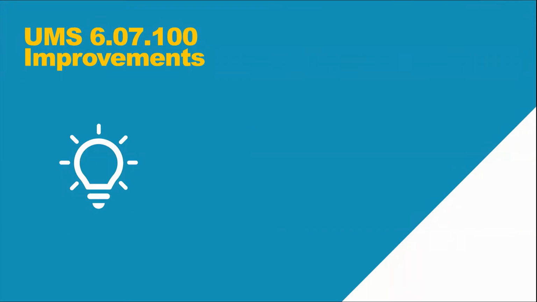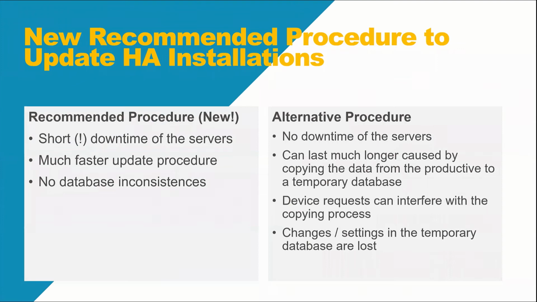Some more improvements we will introduce with this release. One is a new procedure to update high availability installations. The new process requires a short downtime of the servers, but the process itself is much faster than the process we have recommended until now.